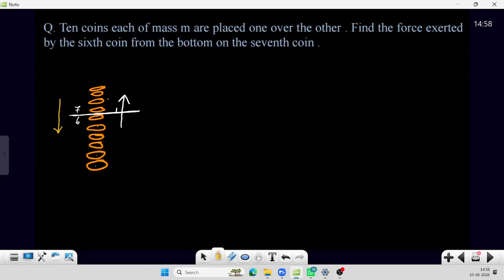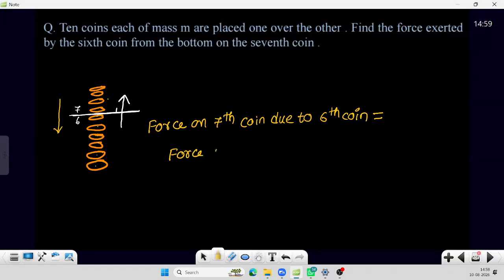So tell me now, we need what? Force on the seventh coin due to the sixth coin, which is also equal to the force on the sixth coin due to the seventh, isn't it?